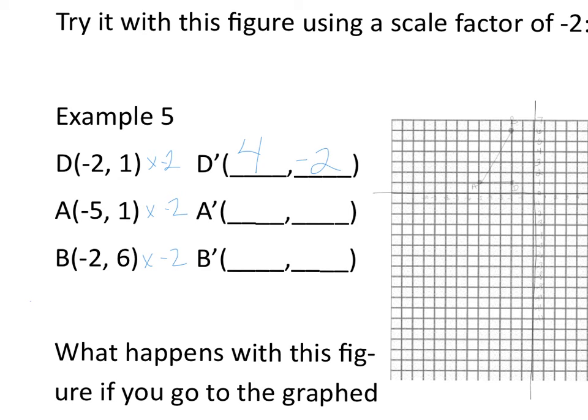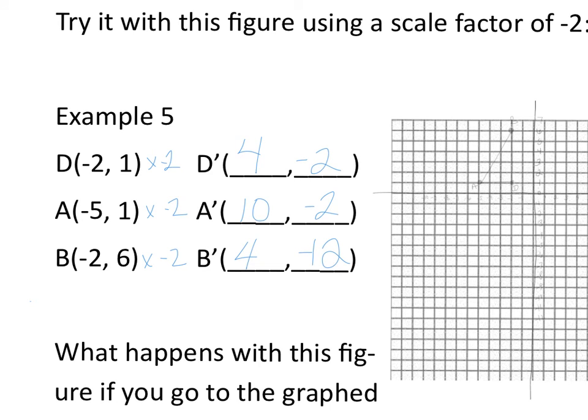Multiply 1 times 2 and you get 2, and the signs are different, so your answer is negative. We're going to carry the integer rules out as we do the last 2 points. -5 times -2 is +10. 1 times -2 is -2. -2 times -2 is +4, and 6 times -2 is -12.